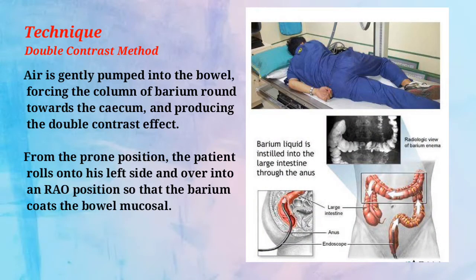Air is gently pumped into the bowel, forcing the column of barium round towards the cecum and producing the double contrast effect. From the prone position, the patient rolls onto his left side and over into a right anterior oblique position so that the barium coats the bowel mucosa.